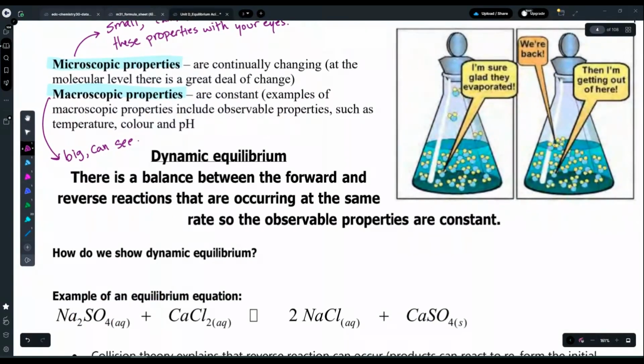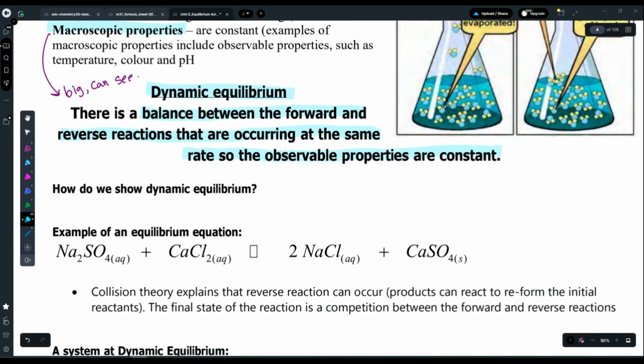So it's very important that you know what dynamic equilibrium is: the balance between the forward and reverse reactions. The forward and reverse reactions are occurring at the same rate, and that's why the observable, or macroscopic, properties are going to remain constant.